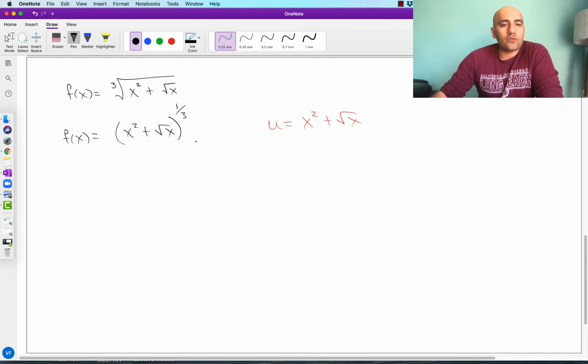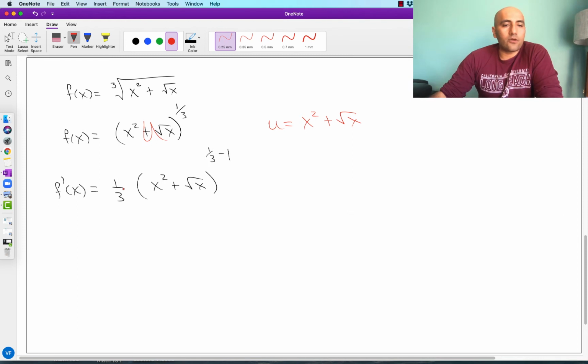And so now we can use our general rule. So f prime of x is going to be equal to 1/3 x squared plus square root of x, right? I'm just copying that, raised to the power of 1/3 minus 1. So I'm letting this be my giant u. Let u equal this ugly mess here. That's the inside function, raised to the power of 1/3. So I use my general rule.